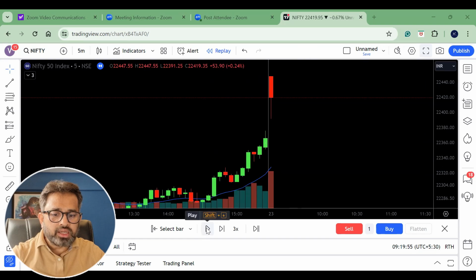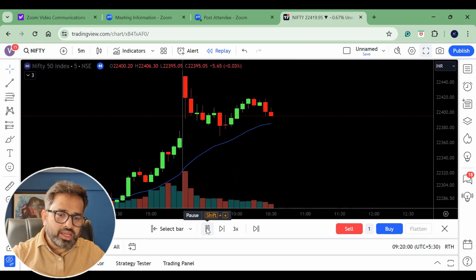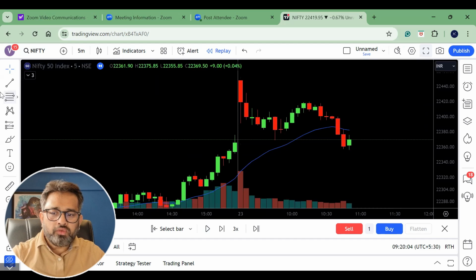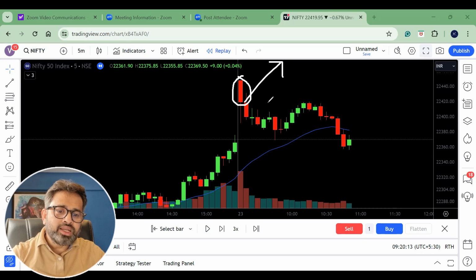Let us replay the candlesticks, and you can see that price started coming down and finally it hit the 20 MA. If you had taken a long trade here thinking that it's a gap up, a bullish sign, the market will go up, then you would have got trapped. But instead, had you taken a short trade thinking that it will normally go towards the 20 MA, then maybe you would have made a profit in this trade.